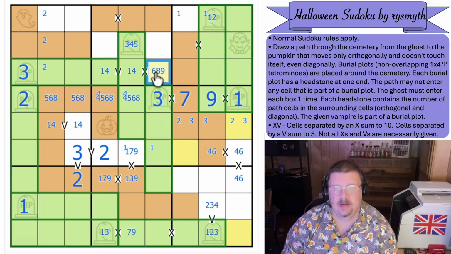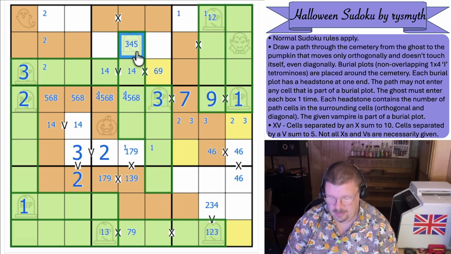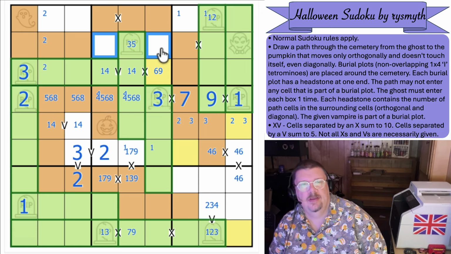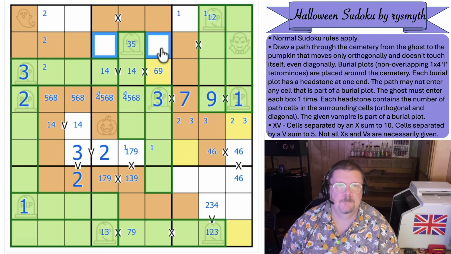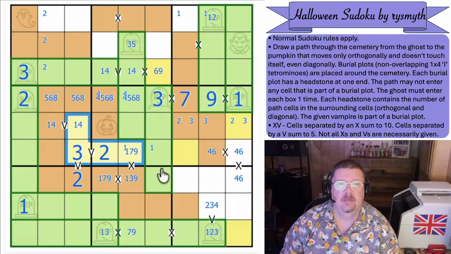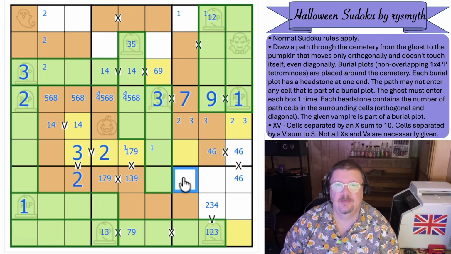That's a 1-4 pair. That's not 8. That's not 4. So either both of those are in or they are both out. These all become yellow. They're not on the path, but they're not grave.